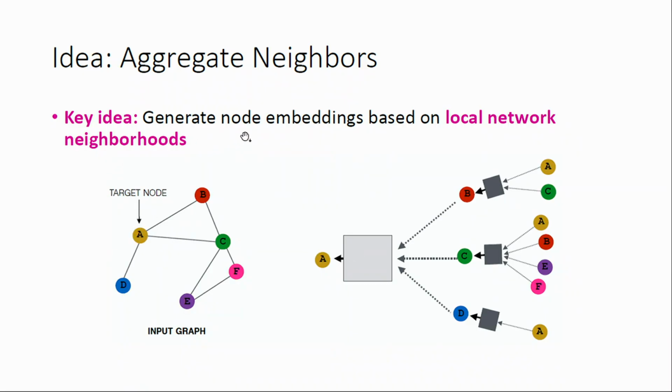So what this computation graph building process does is define a computation graph such that the embedding of each node can be updated by information from the connectivity in its local neighborhood.